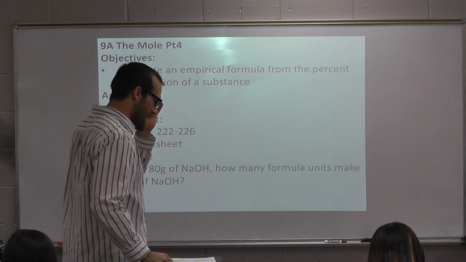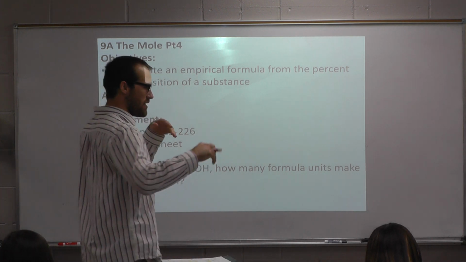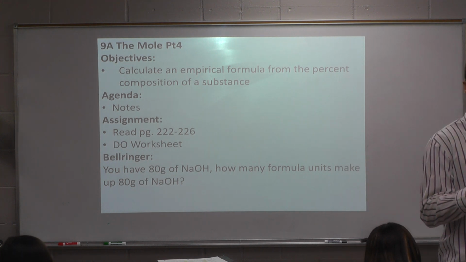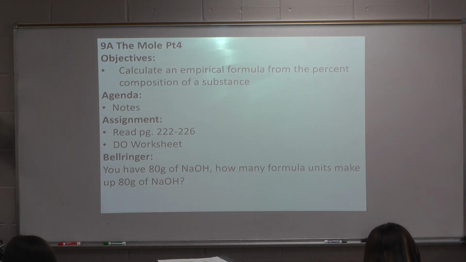So yesterday we talked about empirical formula and percent mass. I said we'd come back to empirical formula. But what we did yesterday is we were able to figure out the percent mass of anything, regardless of whether we knew the mass or not. And why could we do that?